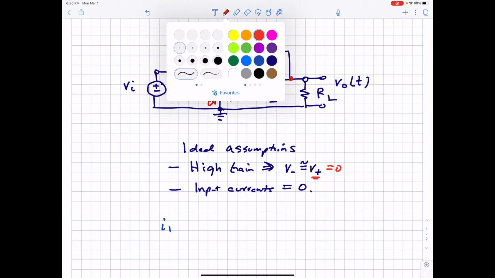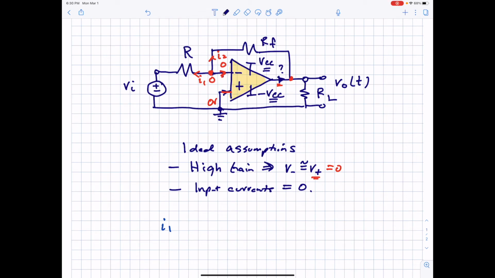I1 would be, if it's moving this way, 0 minus VI, because with respect to the reference node this point is at VI. So 0 minus VI divided by R is the current coming out of the node, I1. Then for I2, that would be 0 minus V out, because that's the voltage difference across this resistor.